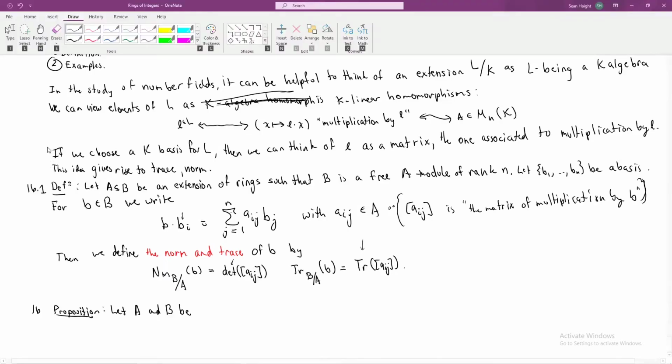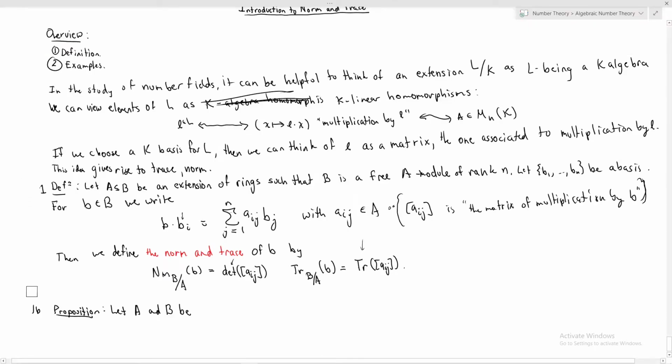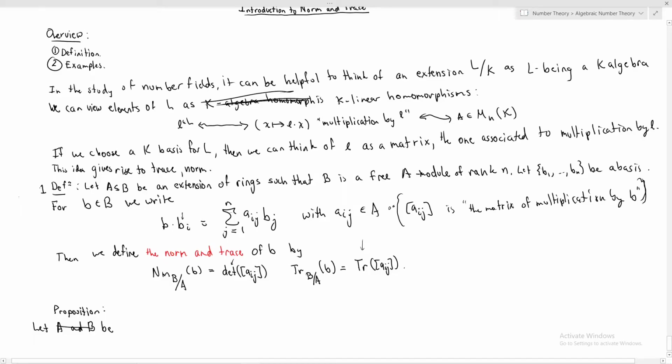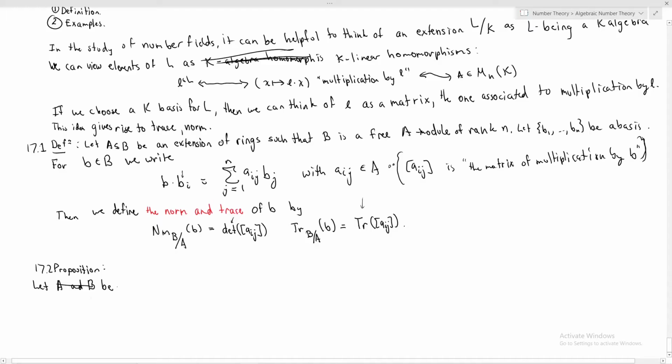Almost forgot where we were. 17.1, 17.2. So we're going to let A and B be rings as above. And we're going to say let B and B prime be elements of B, and A an element of A.